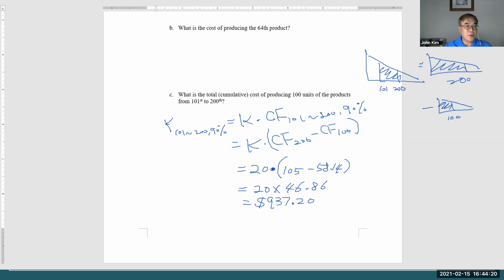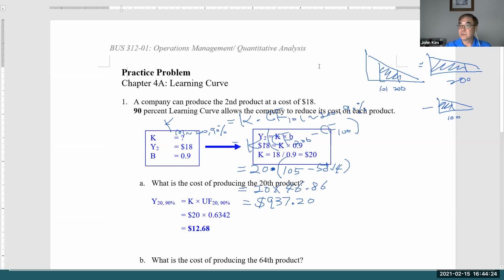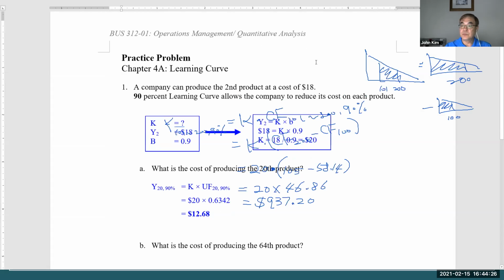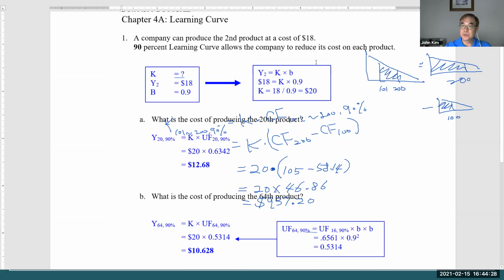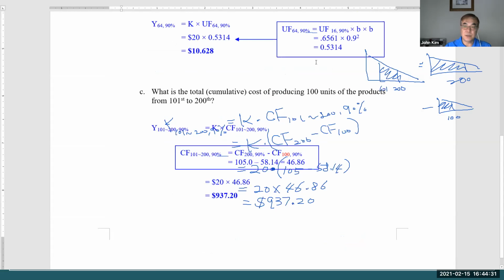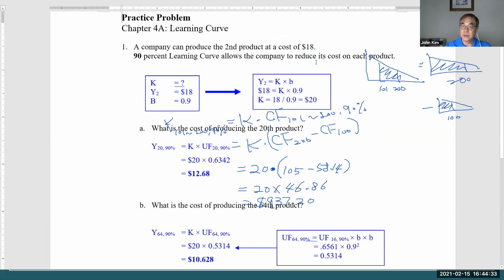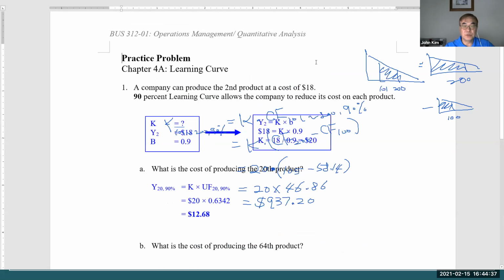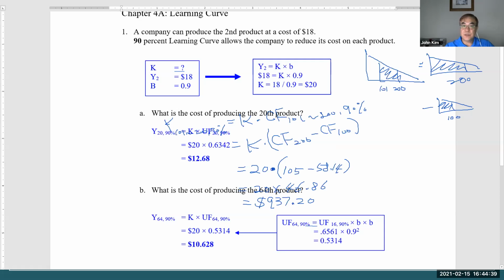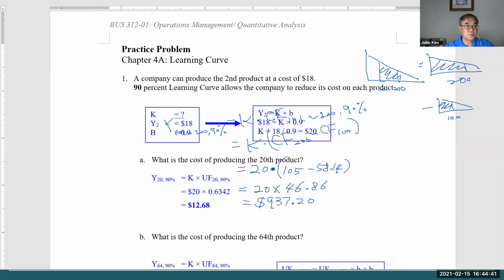The answer file looks like this on Moodle. So if you need an answer, then find this file on Moodle. Any question?